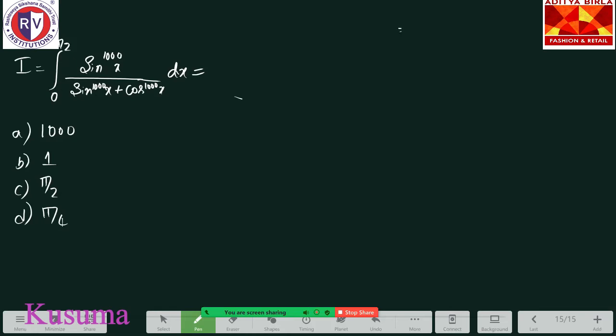So whenever a function is given of this form, integration from 0 to a f of x dx will be equal to integration from 0 to a f of a minus x dx. So we will make use of this property here.